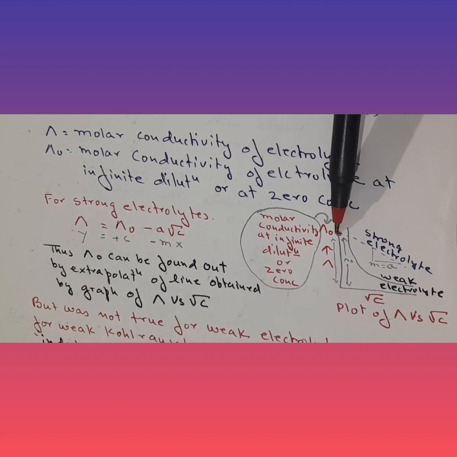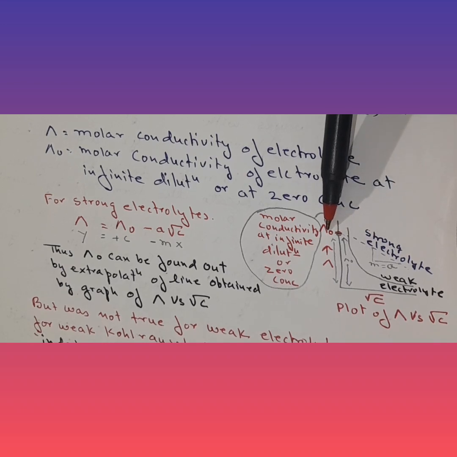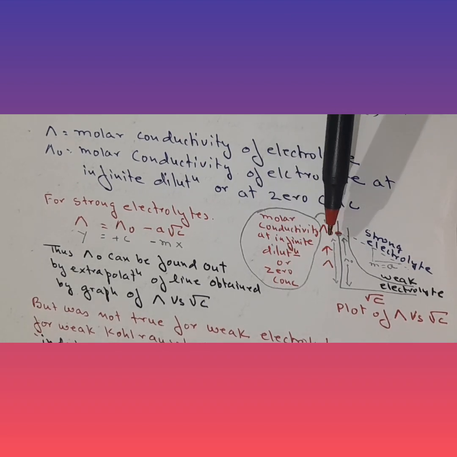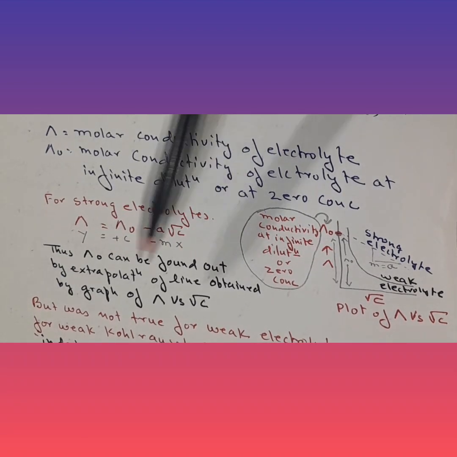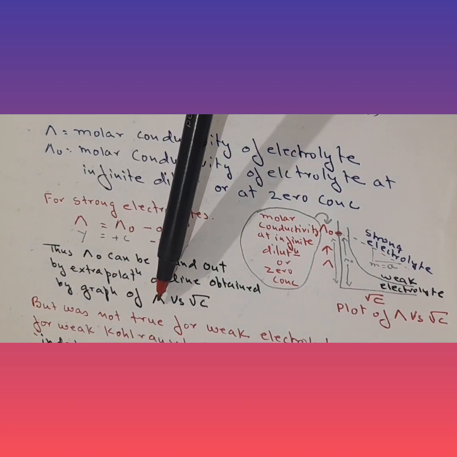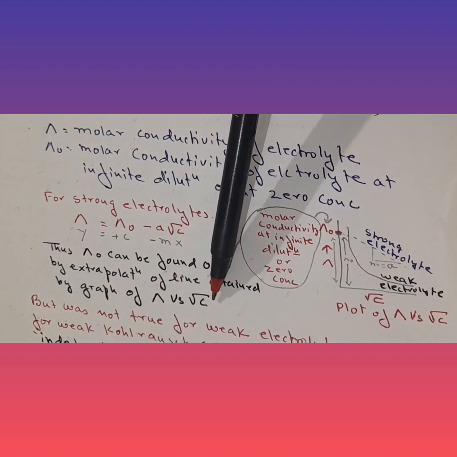So there was no problem with strong electrolytes in finding this. We call it lambda cap 0, the molar conductivity at infinite dilution or zero concentration. Thus, lambda cap 0 can be found by extrapolation of the line obtained from the graph of molar conductivity of electrolyte versus root of concentration.